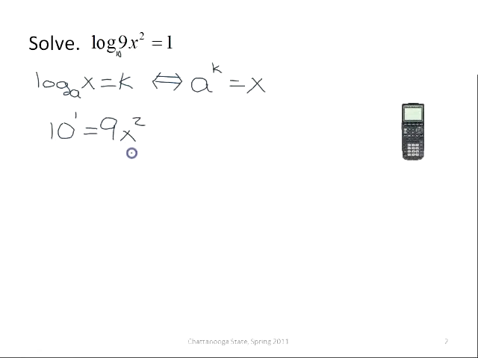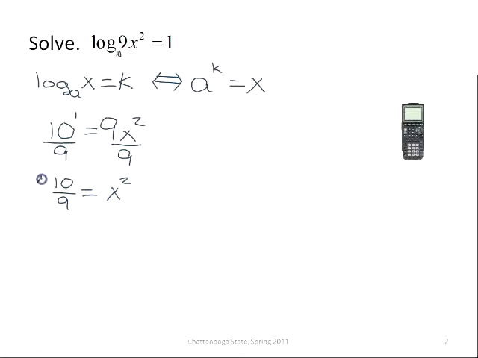Now I want to solve this equation. Now this equation is quadratic and it's got an x squared, but it doesn't have an x. So what I want to do is to solve this by getting the x squared by itself. So I'm going to divide by 9. That would give me 10 over 9 equals x squared.